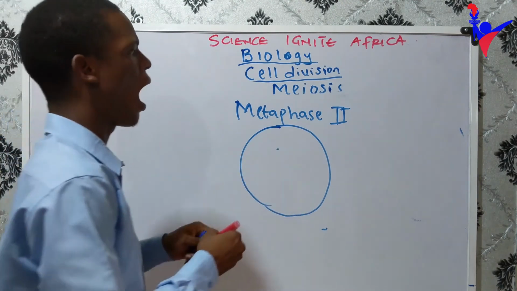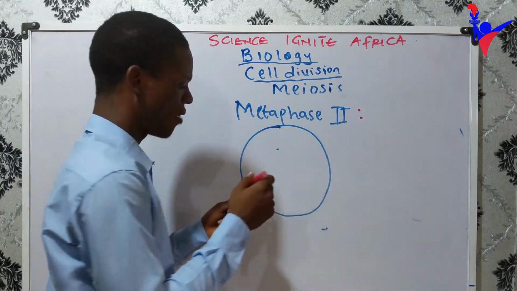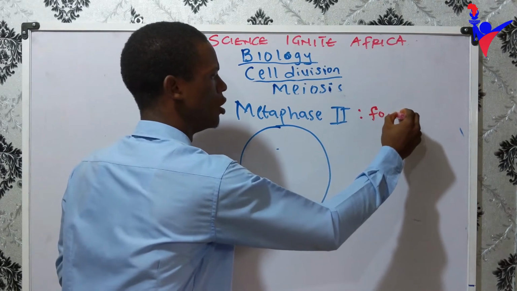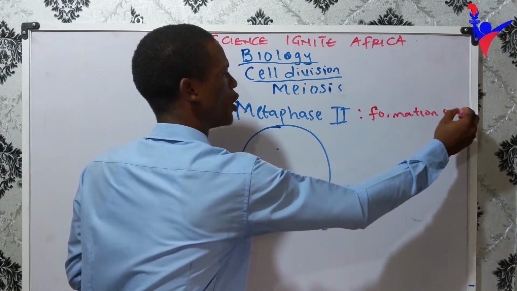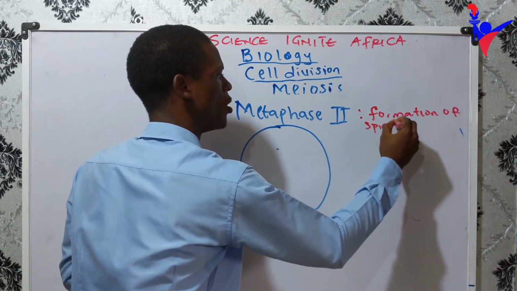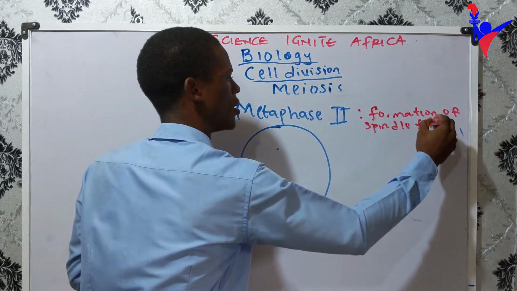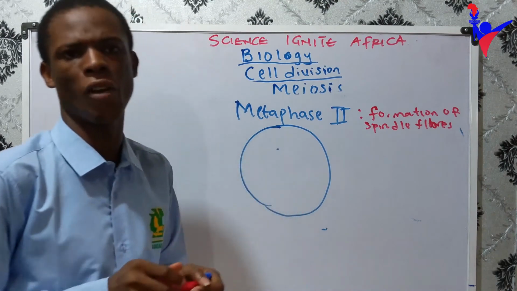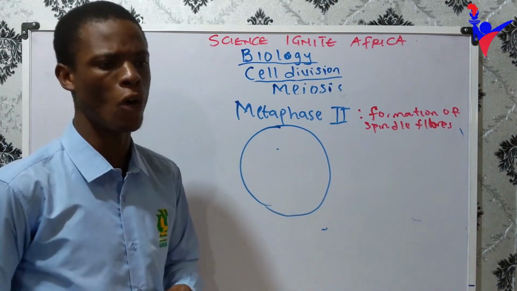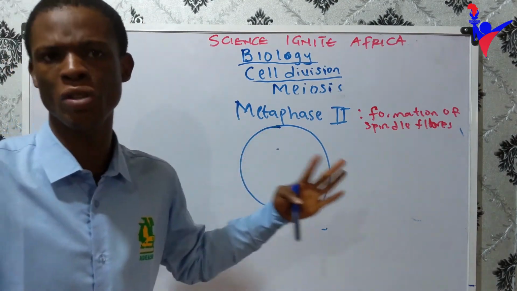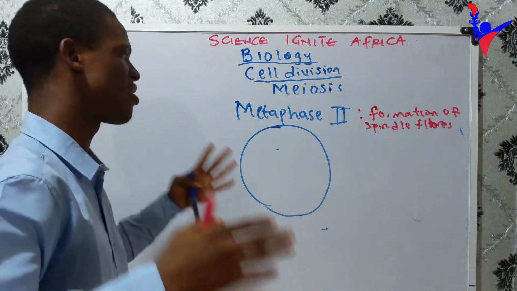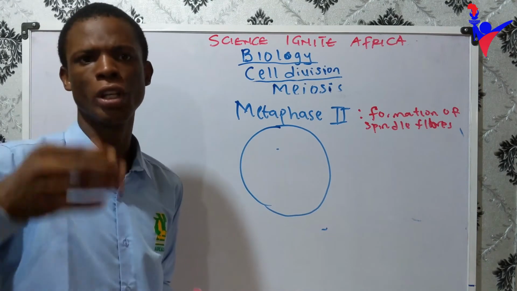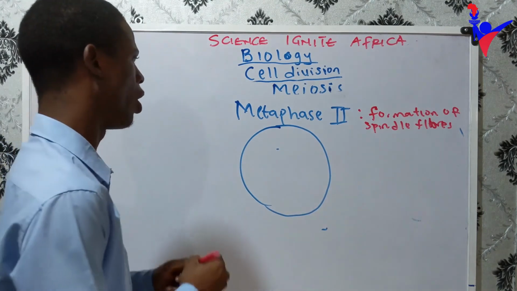In metaphase 2, you have the centrioles moving apart, and there is formation of spindle fibers. The characteristics of any metaphase is that there is formation of the spindle fibers and the centrioles have moved apart. When the centrioles have moved apart totally, we have the formation of spindle fibers on which the chromosomes are arranged.